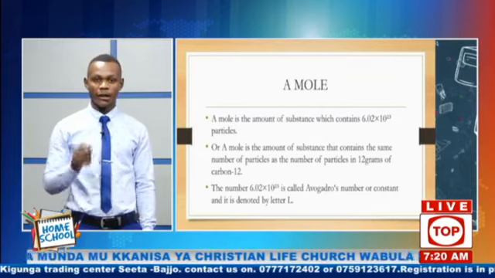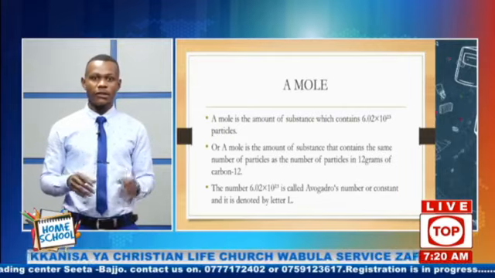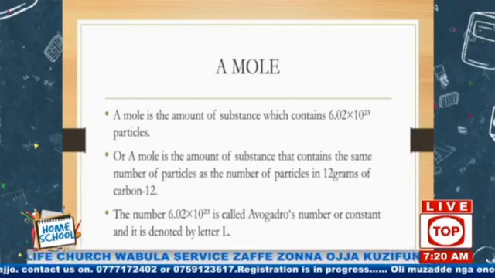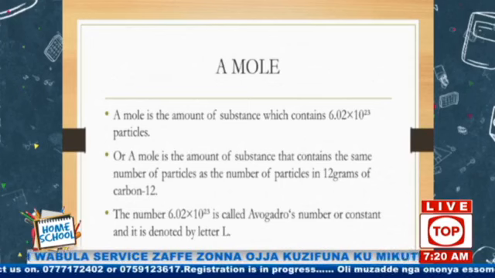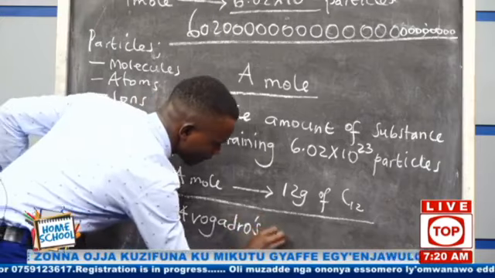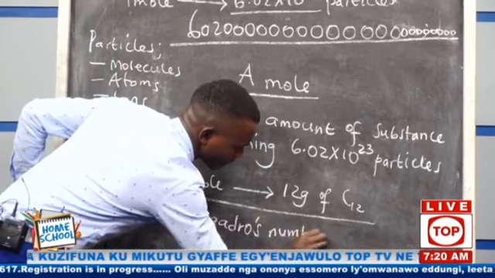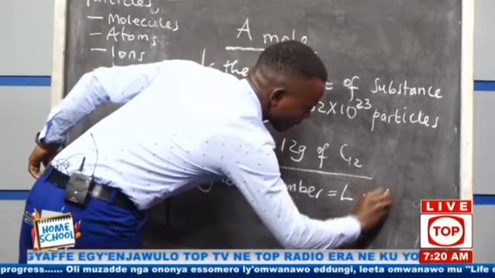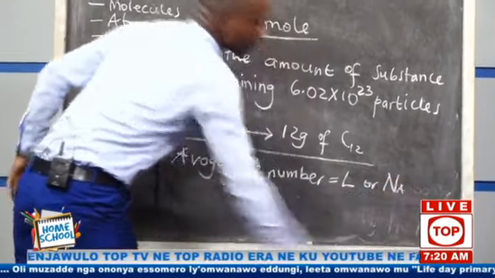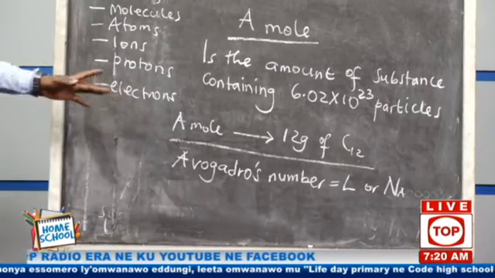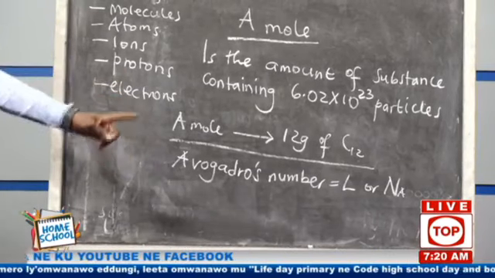Okay? And it has been denoted by the letter L, capital L, or NA. When you read different textbooks, you'll find they refer to it as capital L or NA.